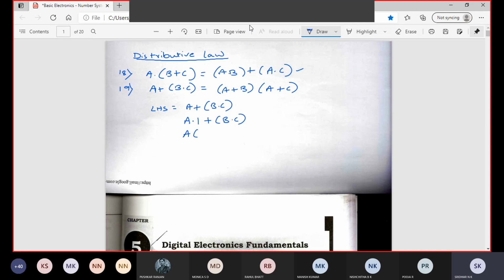So I'll write this as A into 1 plus B, because 1 plus B is nothing but 1, correct? Because this 1 plus this B, can I write as 1 plus B, because 1 plus B is nothing but 1? Understood?